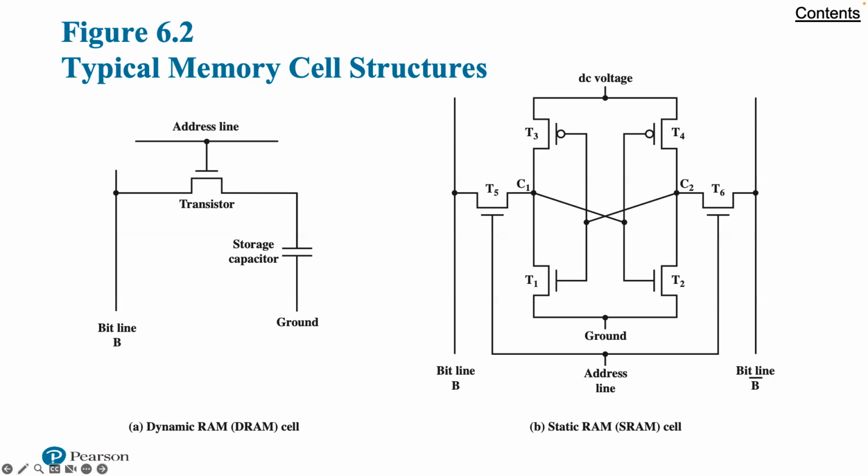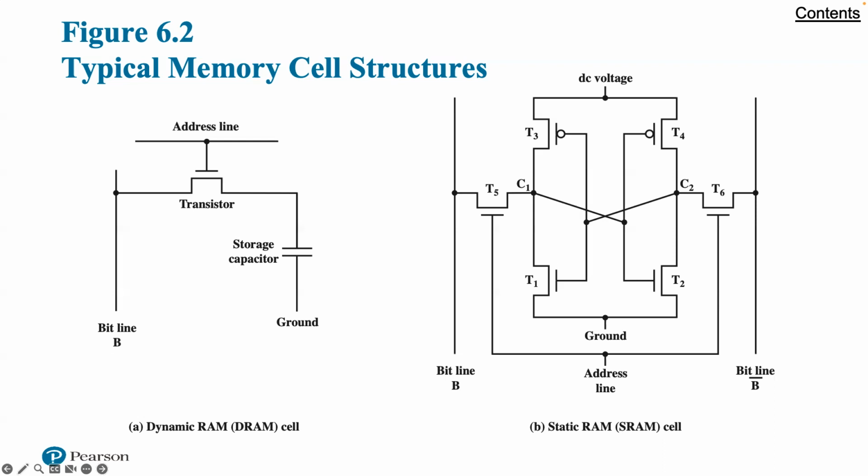Unlike the DRAM, no refresh is needed to retain data. As in the DRAM, the SRAM address line is used to open or close a switch. The address line controls two transistors, T5 and T6, that we see on the left and the right. When a signal is applied to this line, the two transistors are switched on, allowing for a read or write operation.